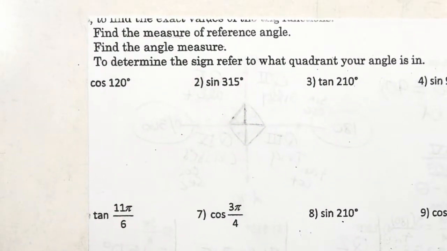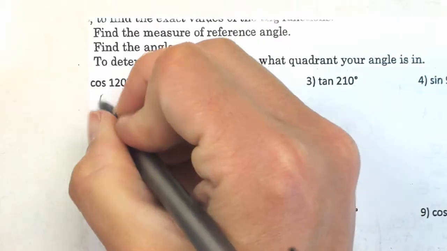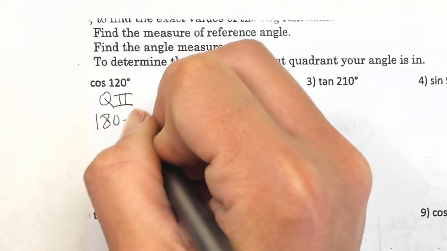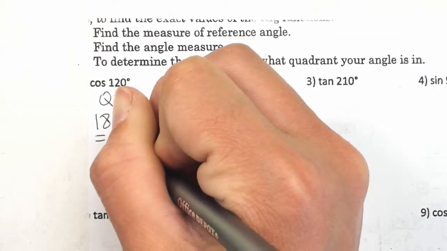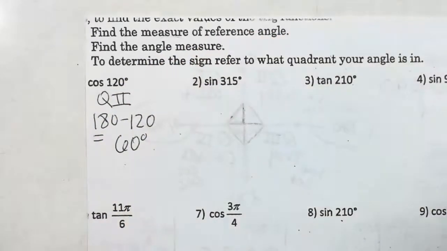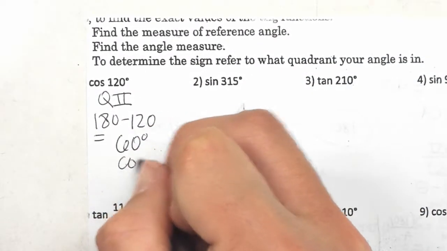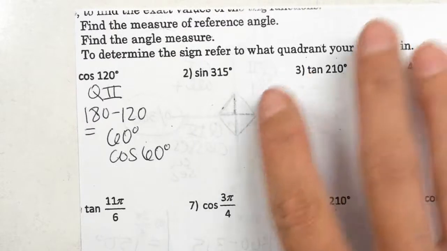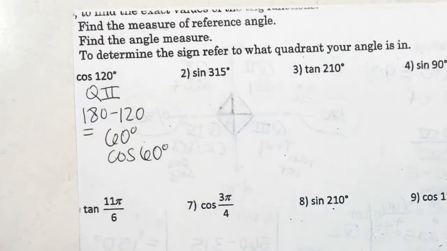So ignore the cosine. The 120 is in what quadrant? 2. So 180 minus 120 gives us 60 degrees. So we are finding cosine of 60 degrees. And this is where we can use our hand. Try to tell me what cosine of 60 is using your hand.